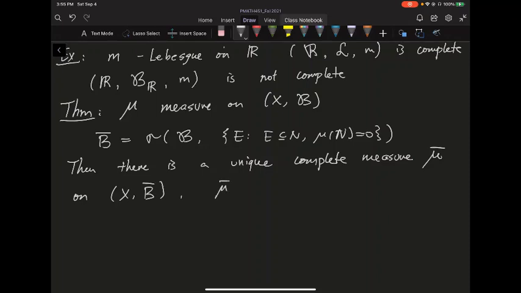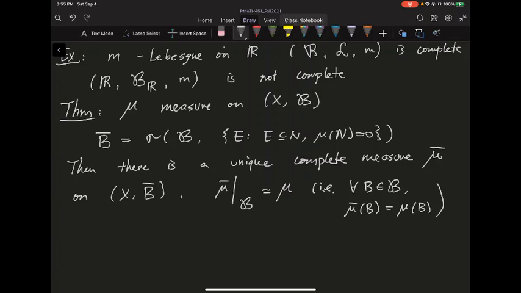So if you consider this mu bar and you restrict it to the original sigma algebra B, you will get mu back. In other words, for every B inside the original sigma algebra, mu bar of B has to agree with your original measure mu. So it's an extension of mu.